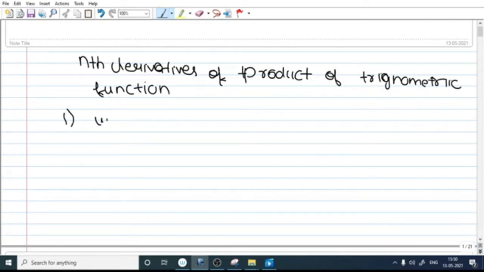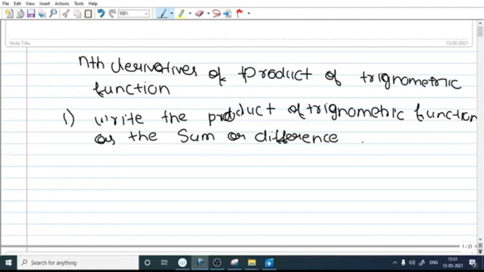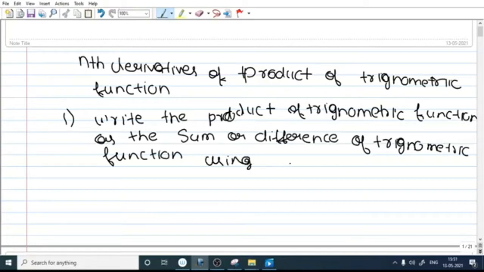The first step is to write the product of trigonometric functions as the sum or difference of trigonometric functions, using trigonometric formulas.